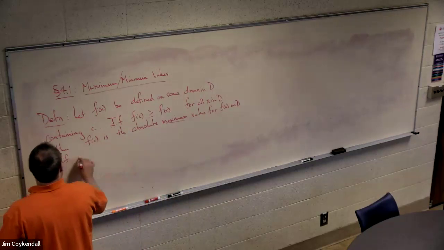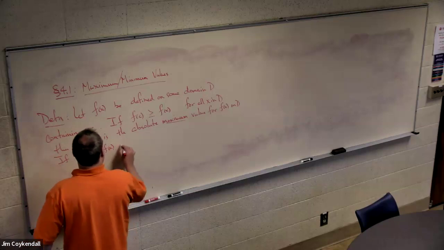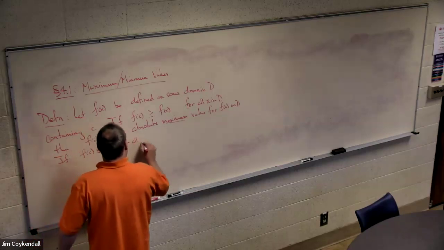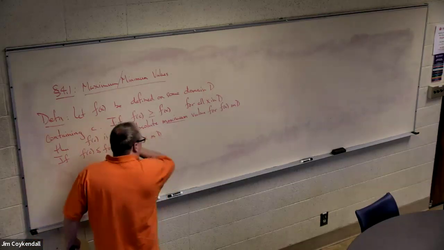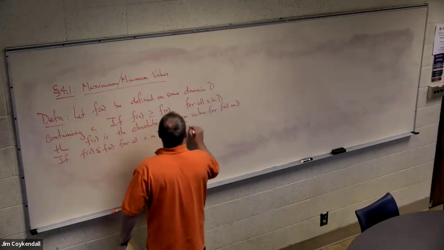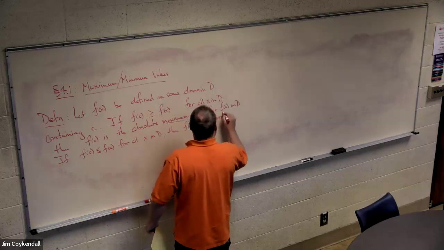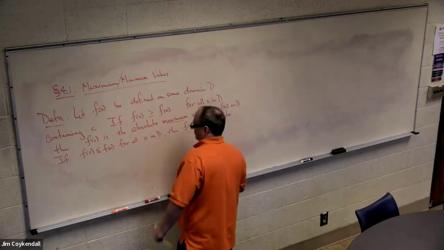If, on the other hand, this value is smaller than or equal to f of x for all x in D, then f of c is the absolute minimum value.